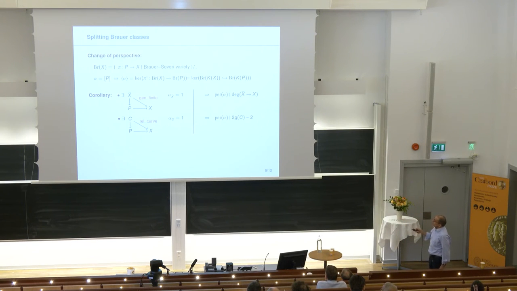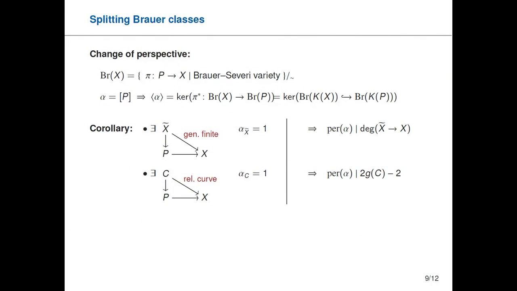And for curves, you can always fix the relative dimension, since it's a relative curve, but here it's the genus that gets out of control. So the genus grows with the order of the Brauer class. There is, however, one loophole here, namely for the case that the genus is 1. Then all it says is that the period divides 0, which is always true.